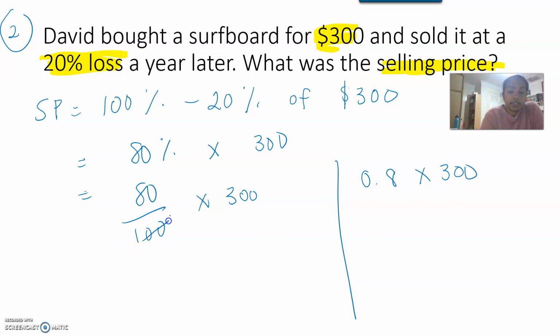If I were to simplify, I could cancel out these zeros like this. 80 times 3 is what I'm left with, which is 240. So that means David sold his surfboard for $240. Therefore, he lost 20%. That's what that 20% value is. Okay, so hopefully that makes sense. Please pause the video, look back, and rewatch it if you need to. We've got one more little thing to do, and that's it.